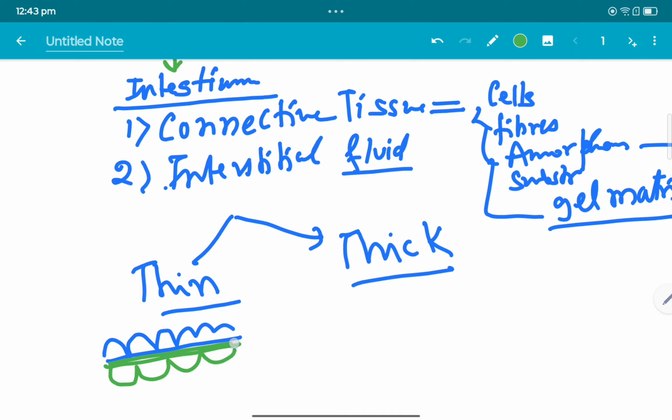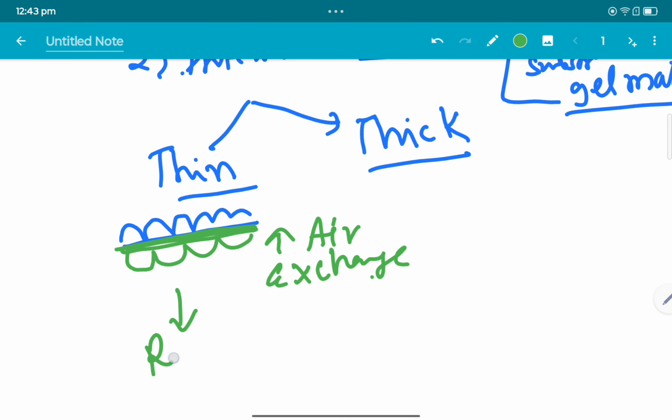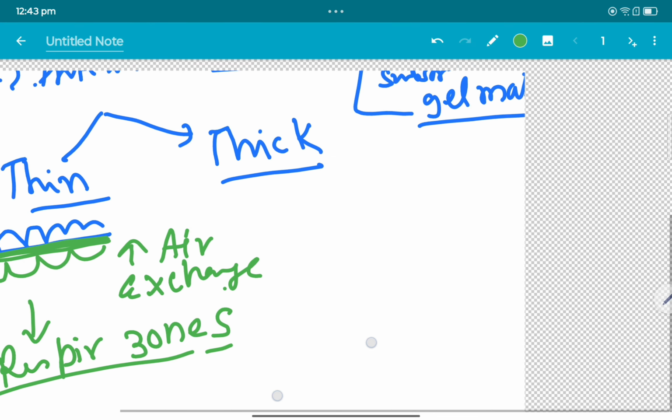Why does this happen? So as to increase the air exchange. This thin area of interstitium mainly occurs in respiratory zones where respiration is the priority.